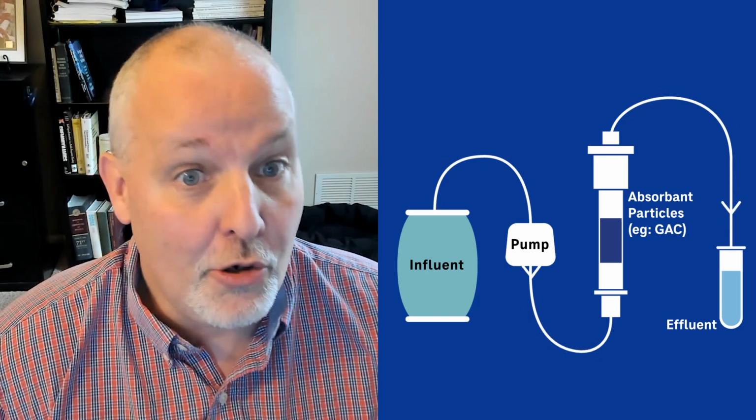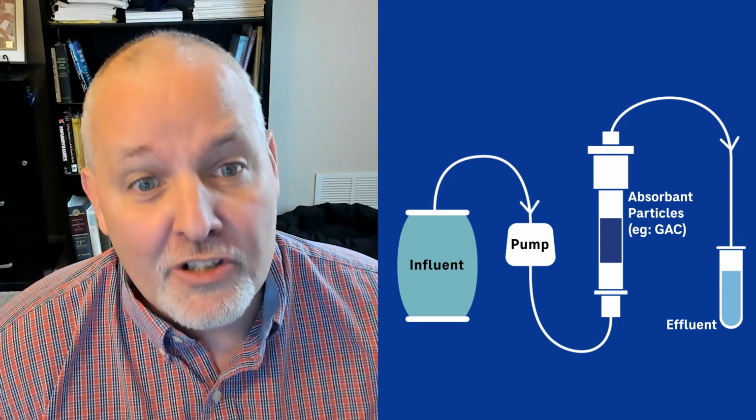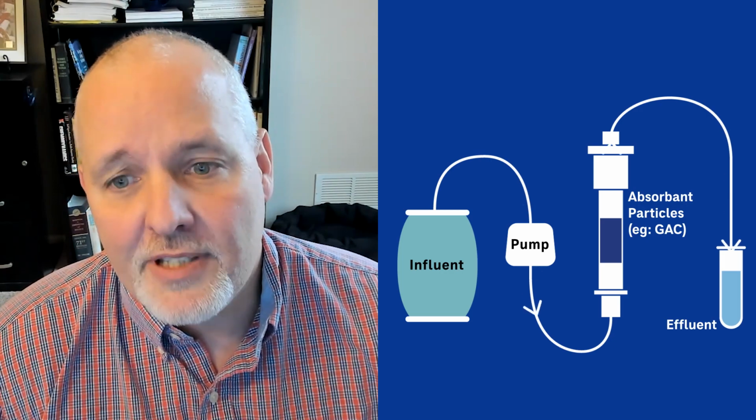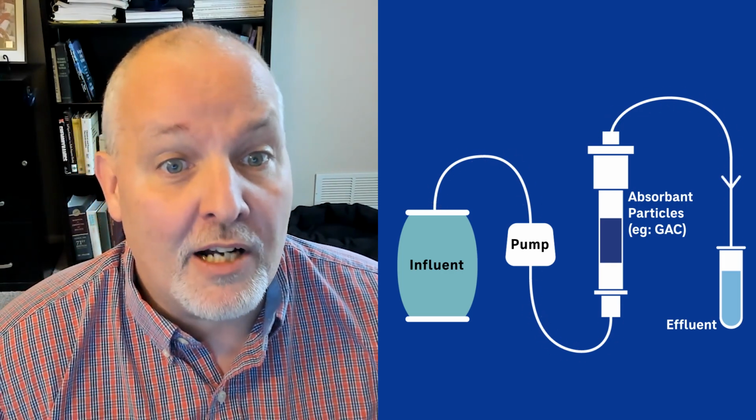We can run it at a much higher flow rate because you get better mass transfer with the smaller particles, and condense that time frame down to maybe a couple of weeks. So we don't need as much water, we don't need as much time, and those are things that make it very attractive both to us and to the client.